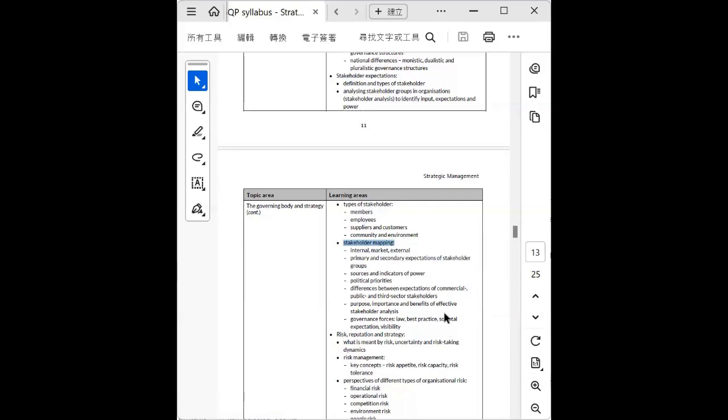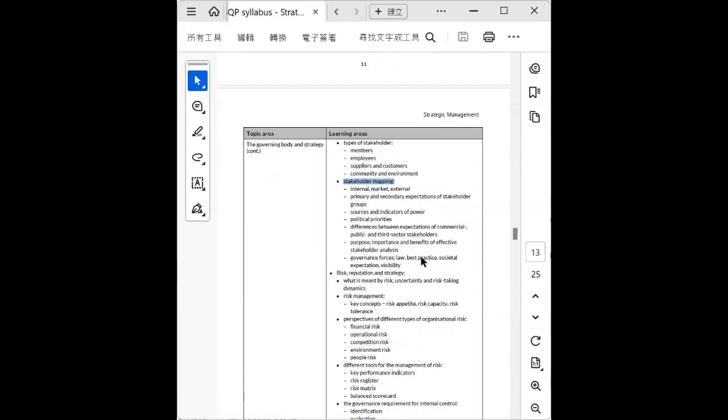So we have this stakeholder mapping. Internal, market, external discusses the classification of stakeholders based on their relationship with the organization. Primary and secondary expectations of stakeholder groups: look at the various expectations of stakeholders, distinguishing between the primary needs and the secondary needs.